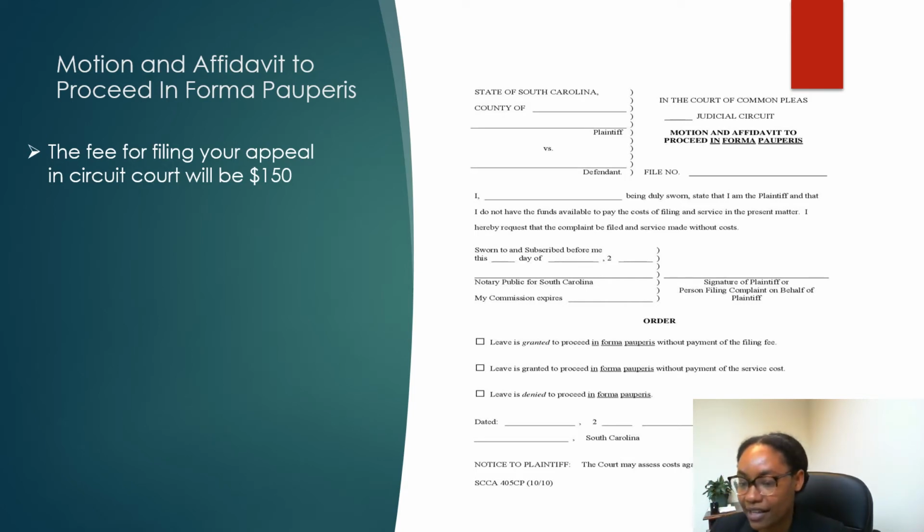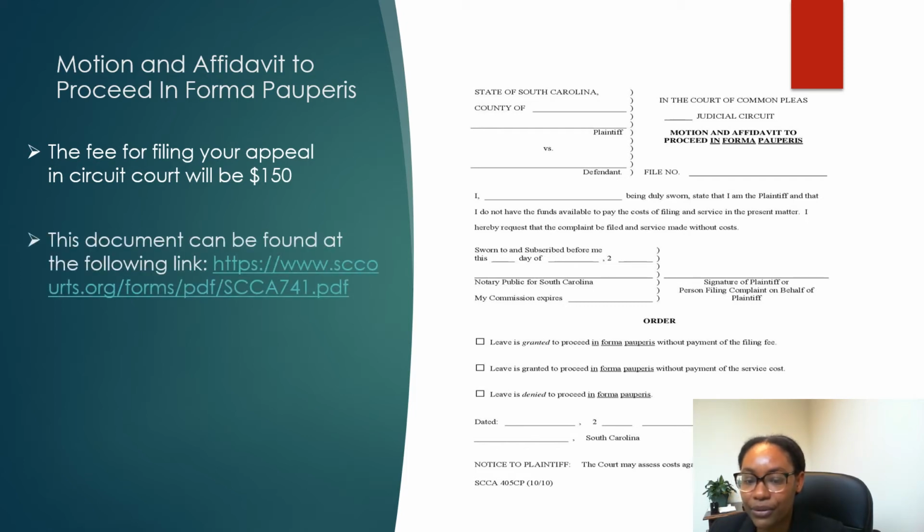And you can see that document to the right of the slide. I've also included a link to the SC Court's website where you can also find this document. And what you're saying is you cannot afford to pay the filing fee. You are requesting that the court waive the fee.